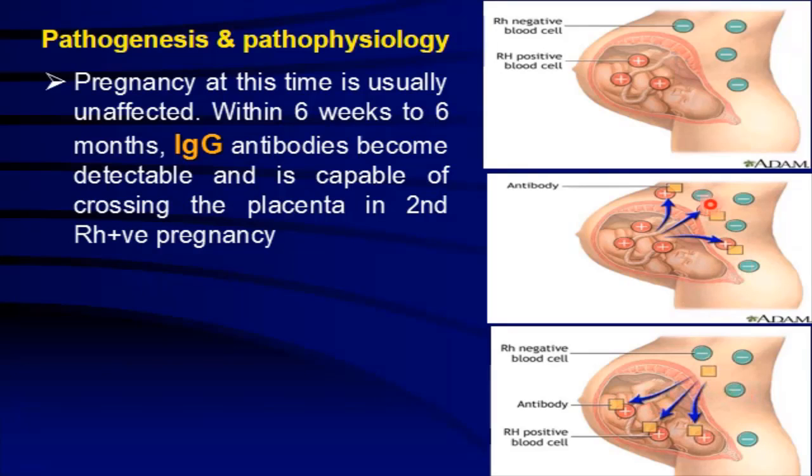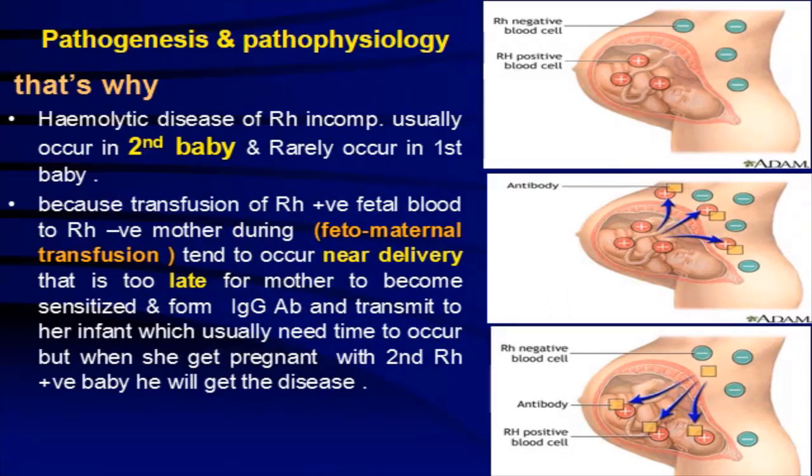This antibody will cross the placenta and go back to the baby. So it will cause agglutination and destruction of fetal RBC that may lead to hemolysis and jaundice.